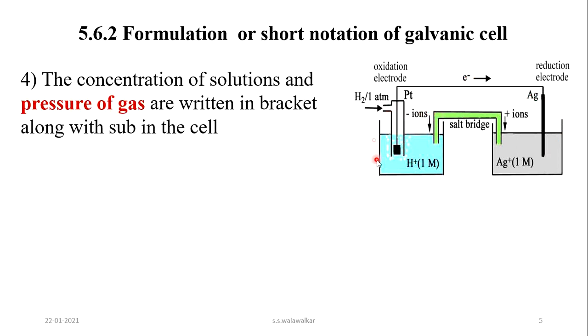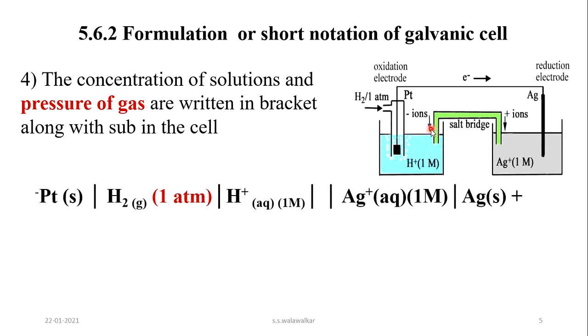So here hydrogen gas is bubbled at this platinized platinum plate and this hydrogen electrode acts as an anode where oxidation takes place. Now how to represent this gas electrode, that we will see. Here the hydrogen gas is bubbled and its pressure is 1 atmosphere. So we have to write here the pressure in parenthesis, that is 1 atmosphere.